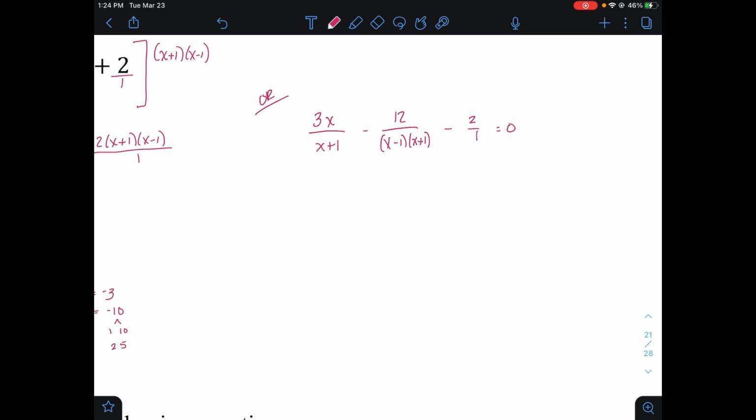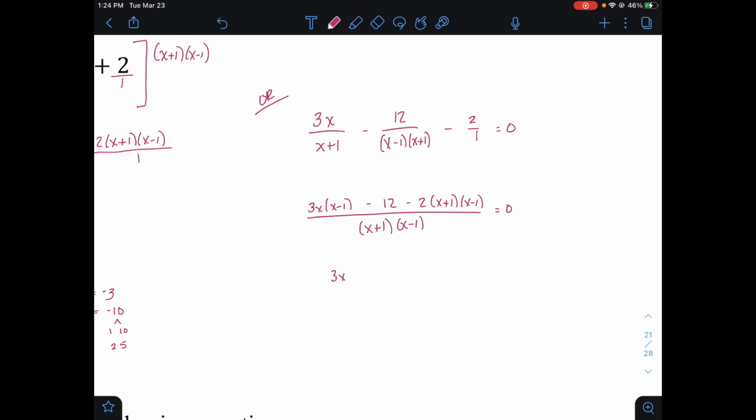I could have left the 2 over there, but it's all the same process. Okay, so common denominator is going to be x plus 1 times x minus 1. So this one, I already had the 3x, and I was missing my x minus 1. Minus the 12, I already had that, so I don't need anything there. Minus the 2 only had a denominator of 1, so it was missing both of them.